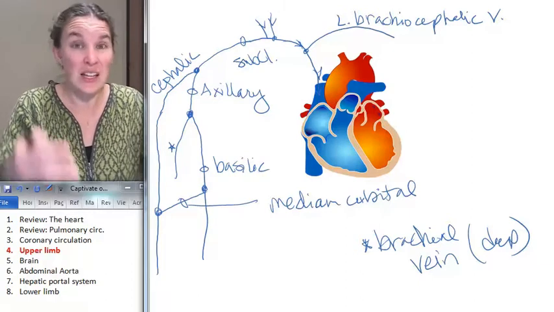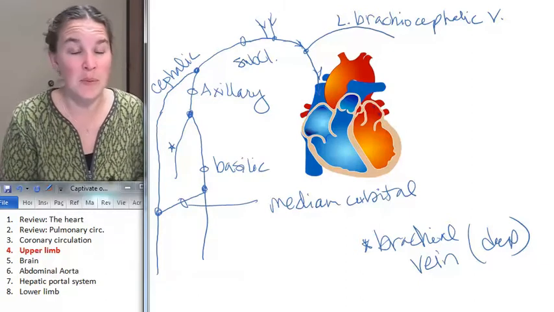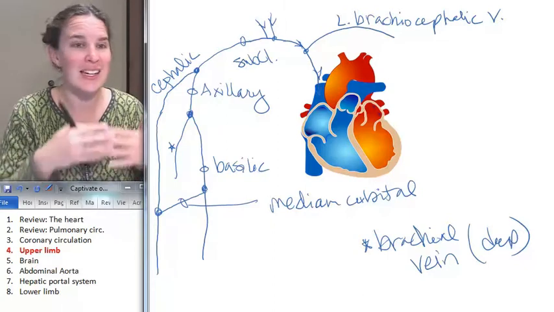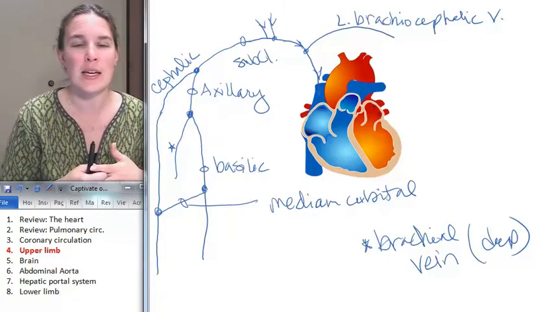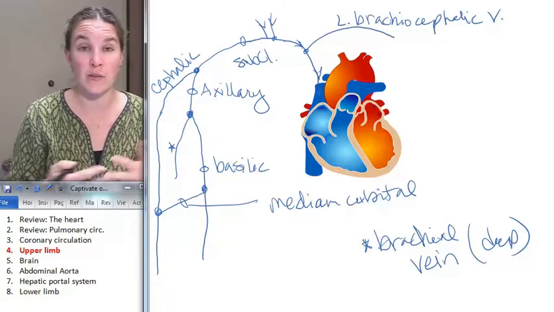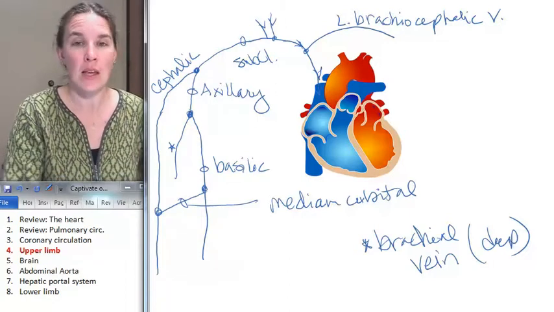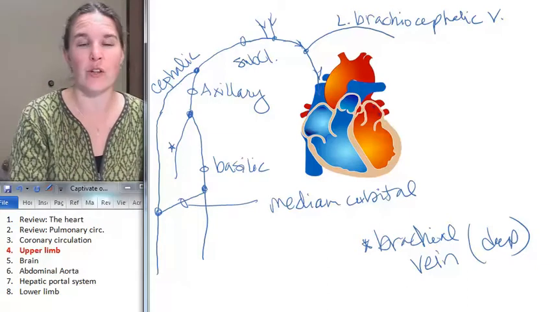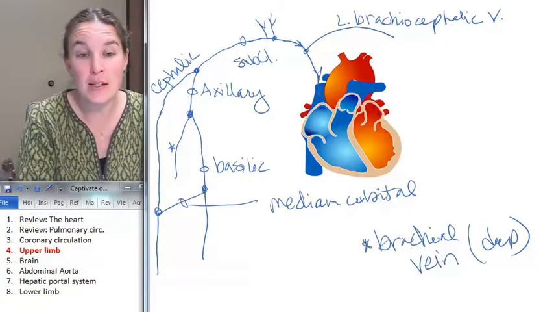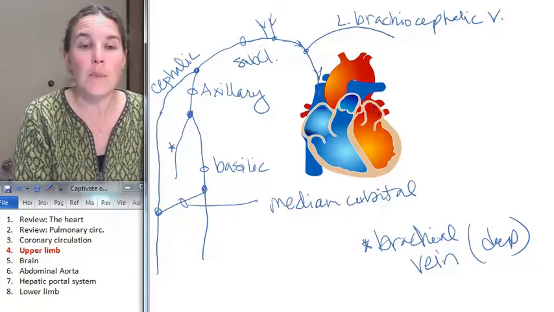Basilic and cephalic do continue down the arm, but the branching, the netting that is happening is very varied and diverse. So this little visual will do the trick for you. So imagine blood is in your hand. How did it get there?